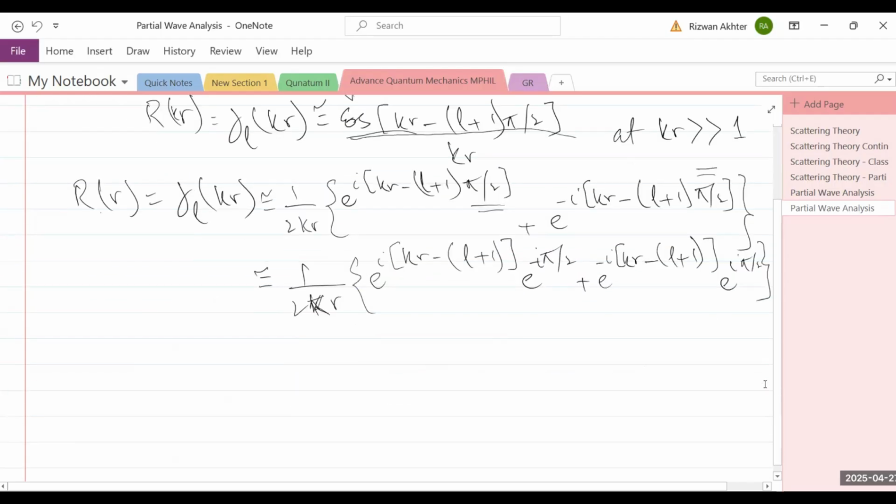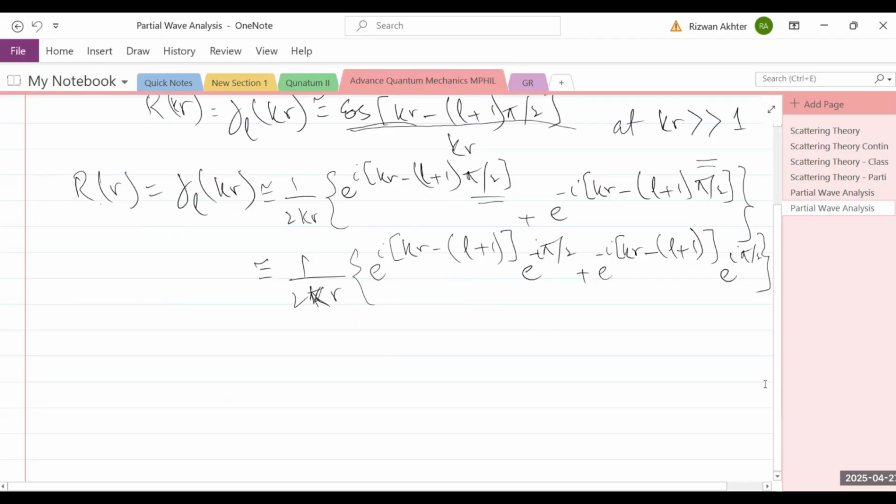Now you can see this e to the power plus minus iota pi by 2 जो है ये फैक्टर प्लस माइनस आयोटा के बराबर है. प्लस माइनस आयोटा का मतलब है in a complex plane, when we talk about the vertical axis or the y-axis, then that represents the complex axis, and the complex axis in the positive y direction, that is basically plus iota, and then negative y direction, that is minus iota.